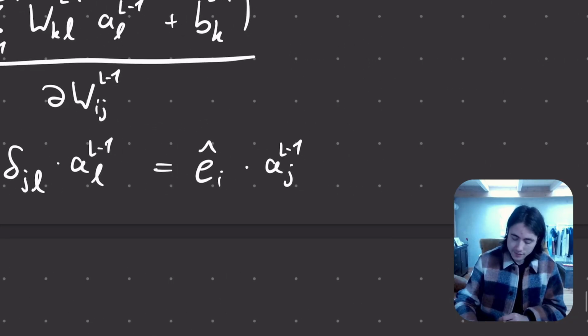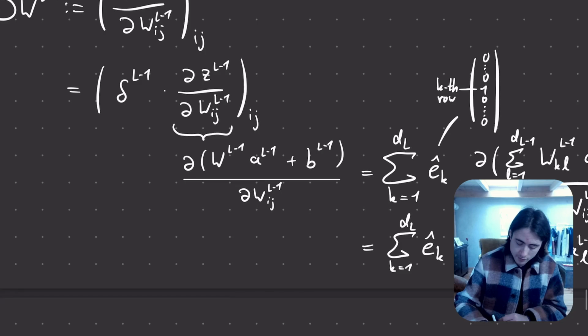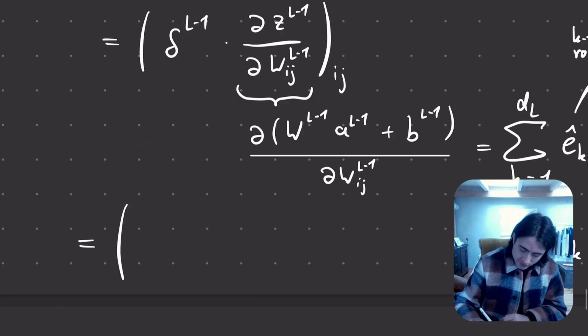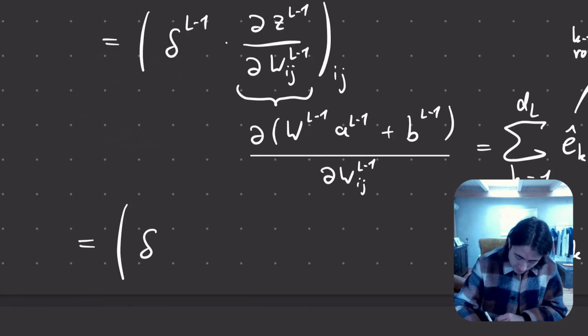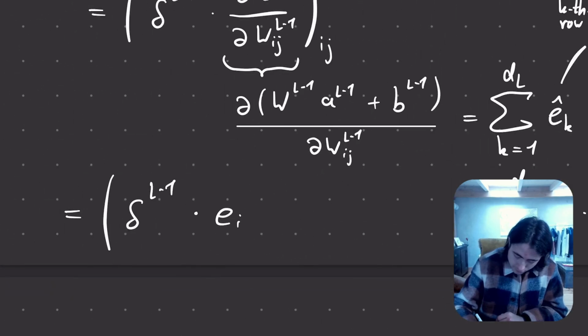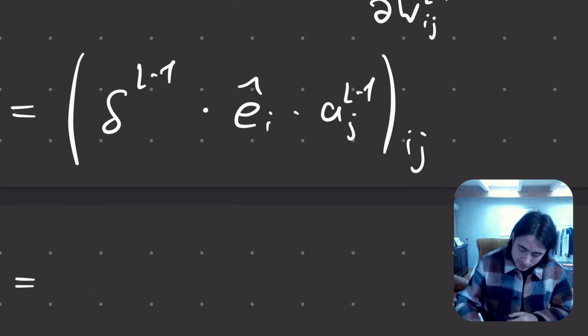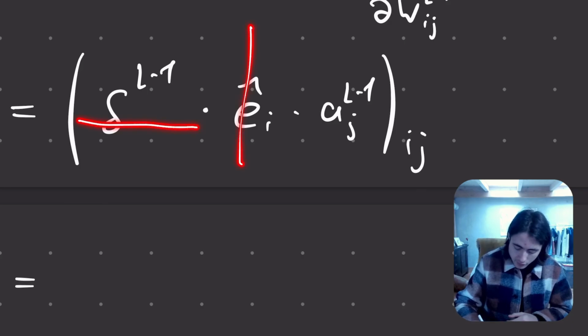Alright, and so this is the expression we can use now to calculate what goes in here. So we get delta L minus 1 times the ith unit vector times a L minus 1 j. And then we take the matrix. Okay, but we can further simplify this, because in our case here we're taking a dot product of the delta with a unit vector.